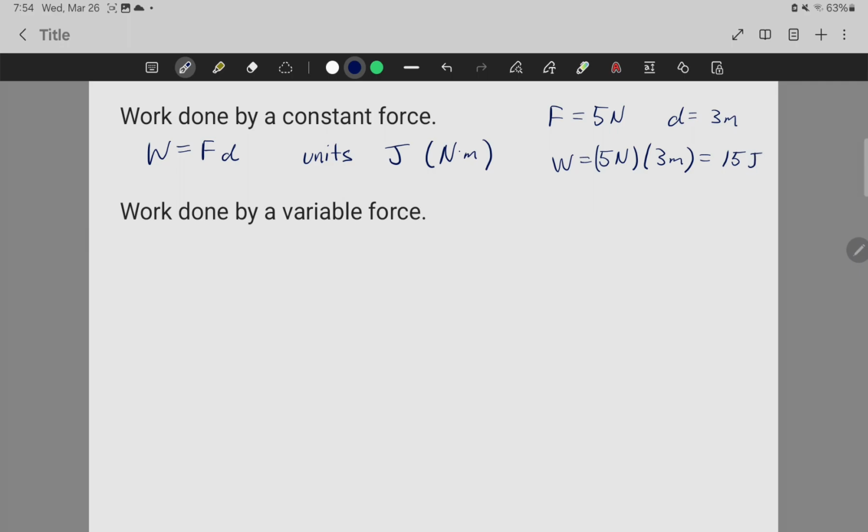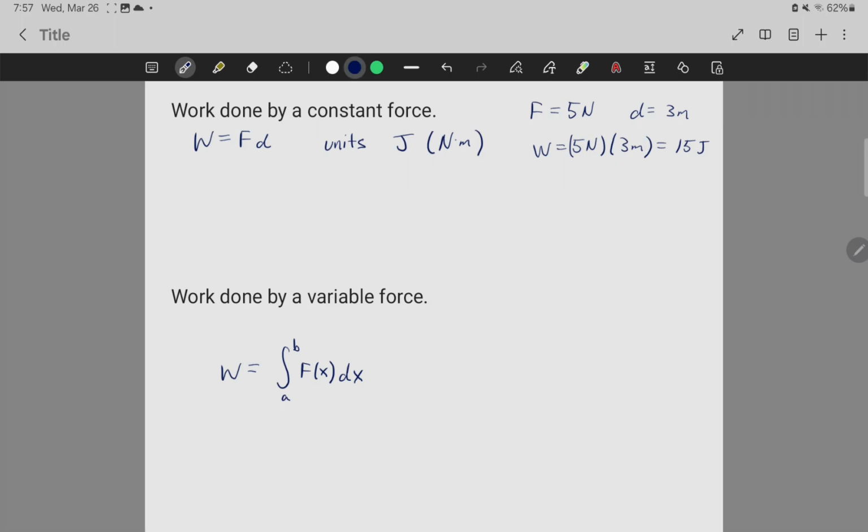But what if that force is no longer constant that whole time? Then we have a new equation for work. Work then becomes the integral from a to b of f of x dx.